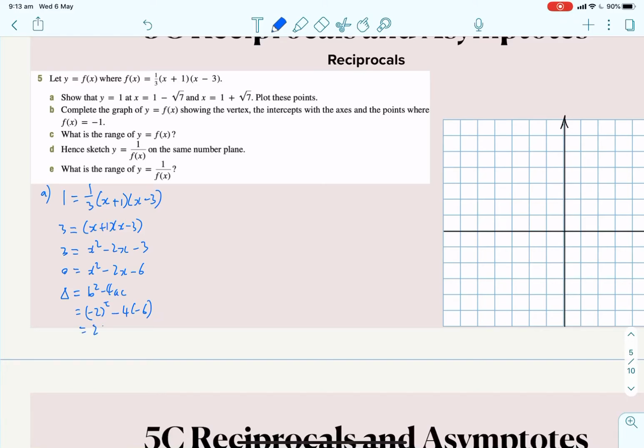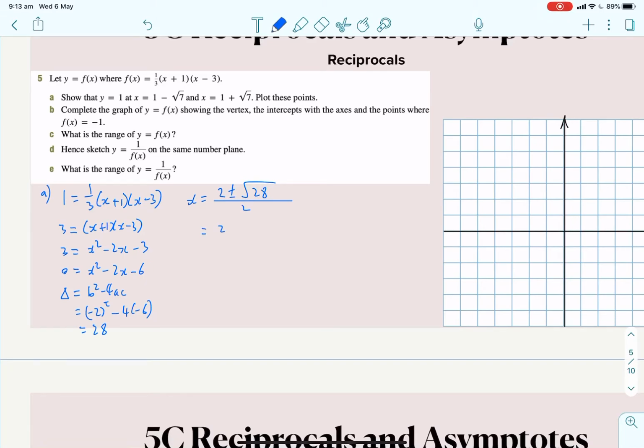That is 28. Okay, so x equals negative b. b is -2, so negative b is 2, plus minus square root of 28, and then 2a. a is 1, so it's 2 on the bottom.